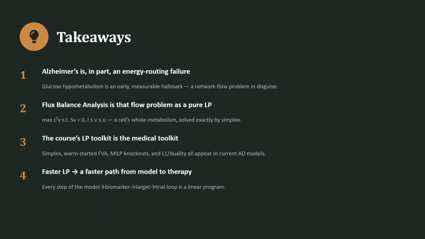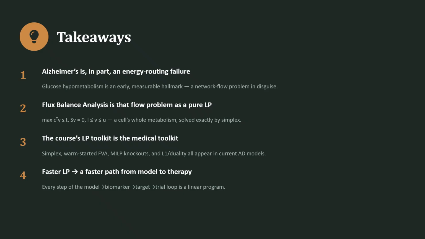Now, there are four things to take away from here. The very first one is the energy routing failure in Alzheimer's, and how this is a network flow problem where the simplex method comes to the rescue. Similarly, the flux-based analysis, the flow problem as a pure LP, and also the LP toolkit as a medical toolkit.